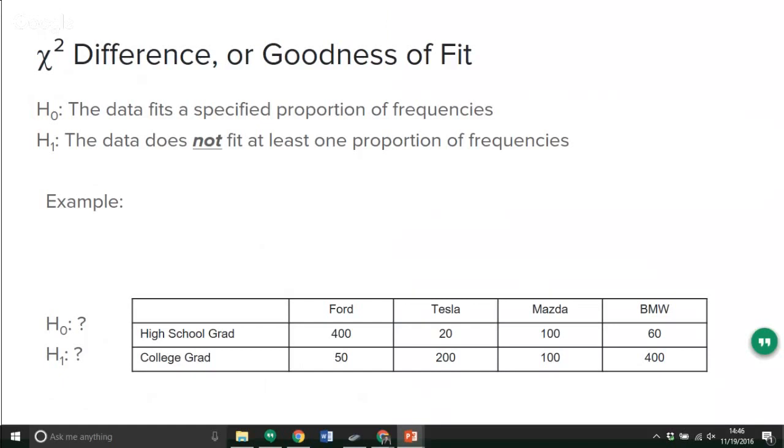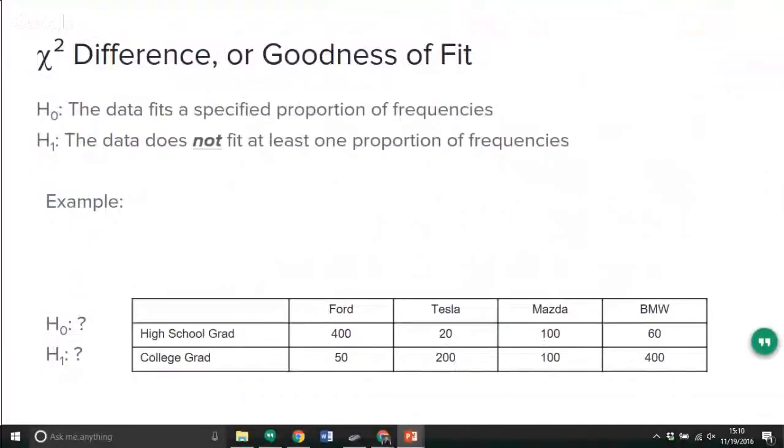If the data does not fit, that will be our alternate hypothesis. So the data does not fit at least one proportion of frequencies. So again, in this example, either the data fits the specified proportion of frequencies that we would hypothesize in the population, or the data does not fit at least one proportion of frequency.